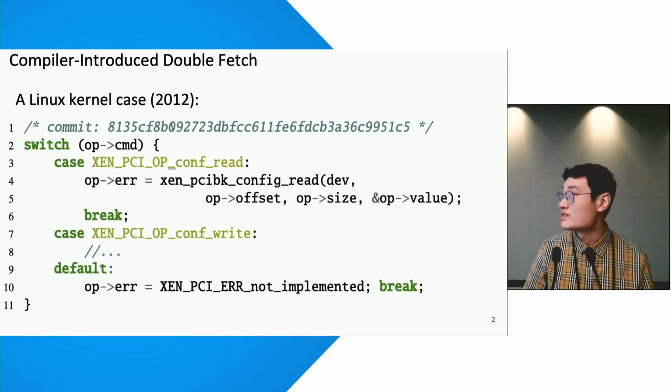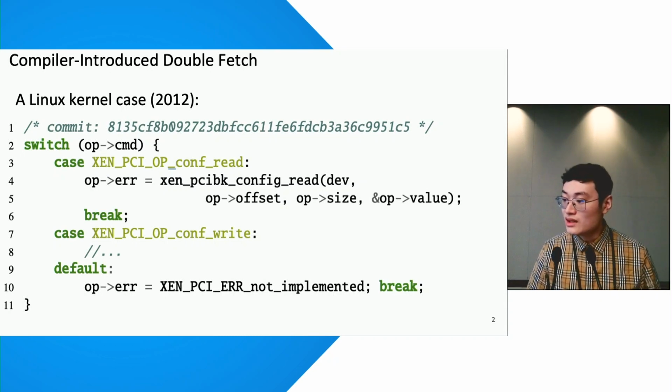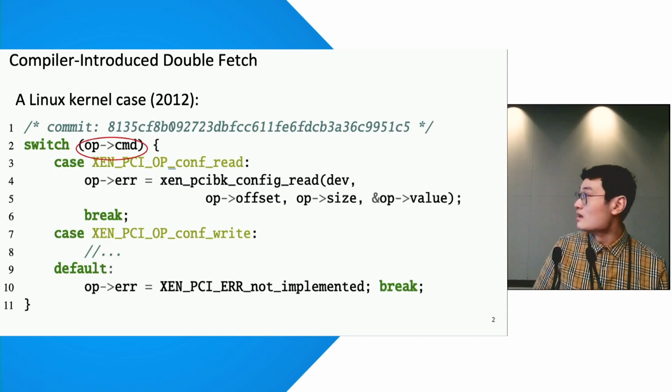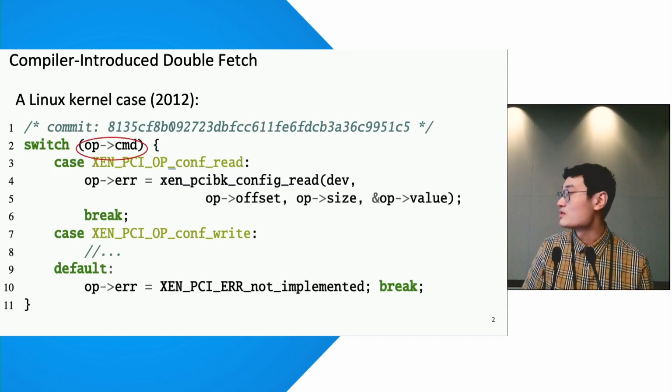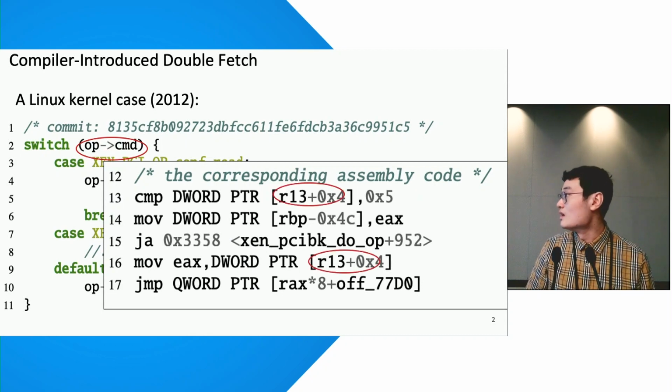First, let's look at a real compiler-introduced double fetch. As we can see from the source code, the shared object was fetched once for the switch comparison. However, after compilation, we can see two fetches of this object.